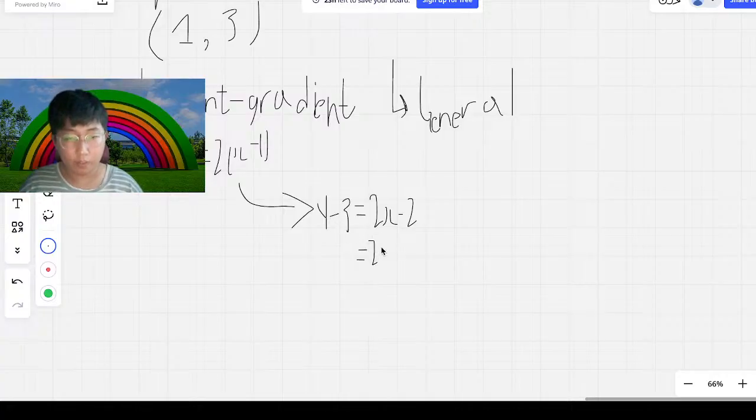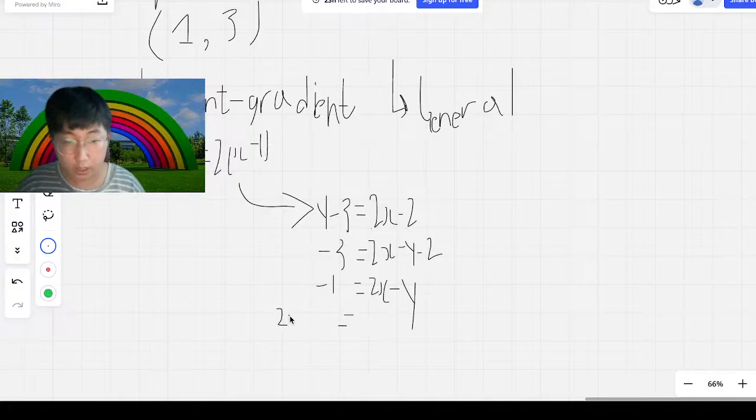But if we want 2x to be positive, this 2 is already positive here, so it's easier to subtract y, although we would have to switch sides later. Then add 2 to both sides, which gives us 2x minus y is equal to -1. And we put it on the other side, 2x minus y is equal to -1.